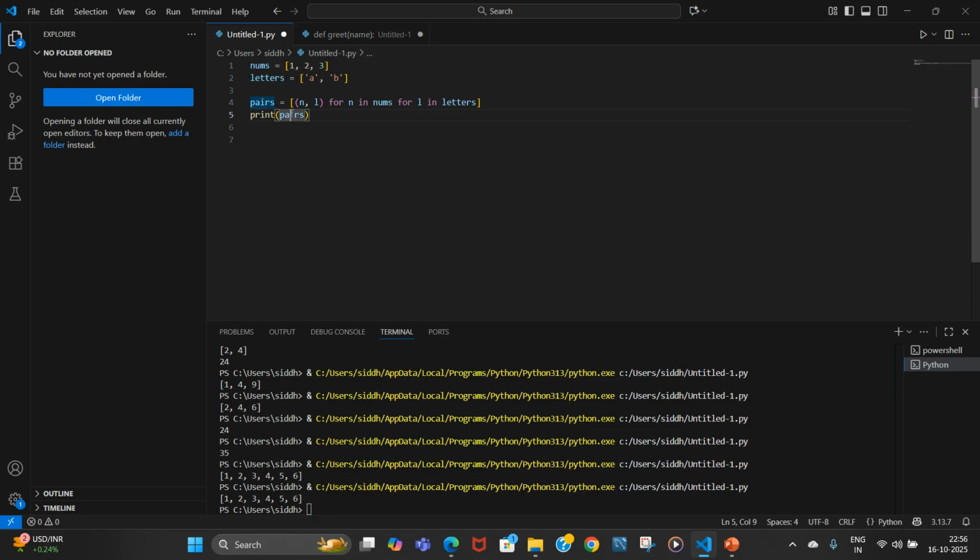Okay, and we are saying print pairs. So basically what is happening is, it's taking 1 with A, and 1 with B. So it's going to pair them.